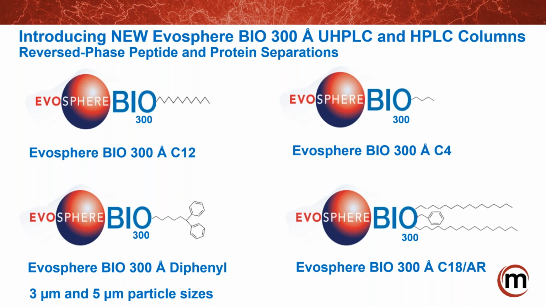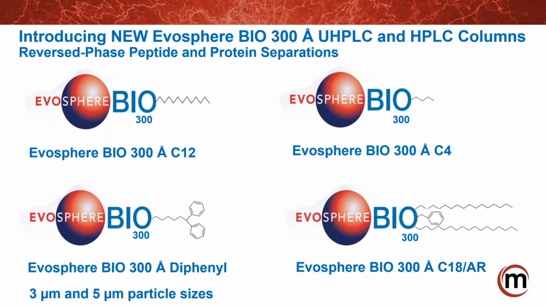Since that data was published, we actually introduced the Evosphere material in a 300 angstrom on 4 chemistries. And so for those bigger oligos, those double-stranded oligos, we're starting to learn how the C12 and C4 and diphenyl interact, depending on if the oligo is really big, depending on the modification.